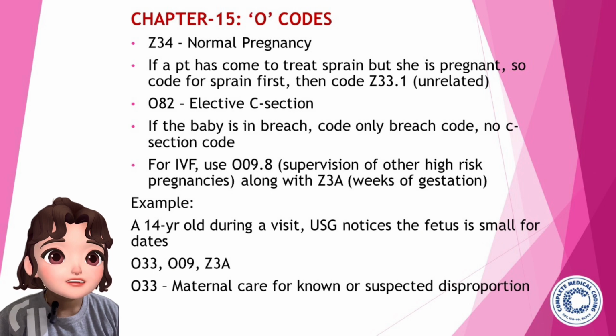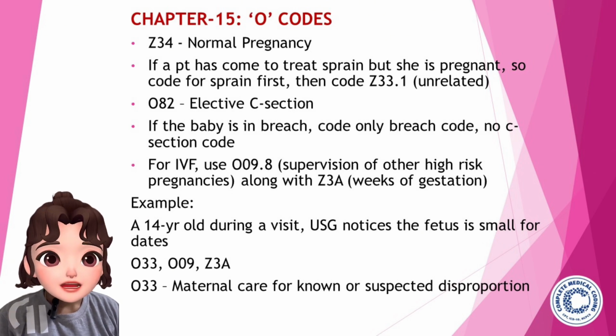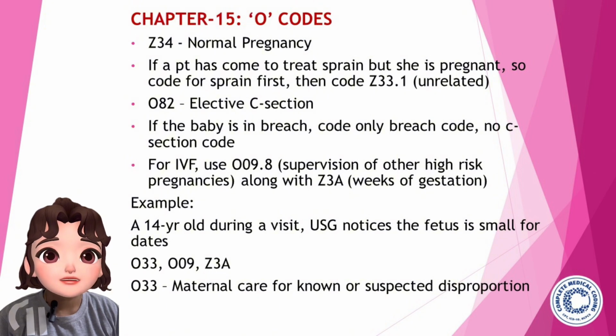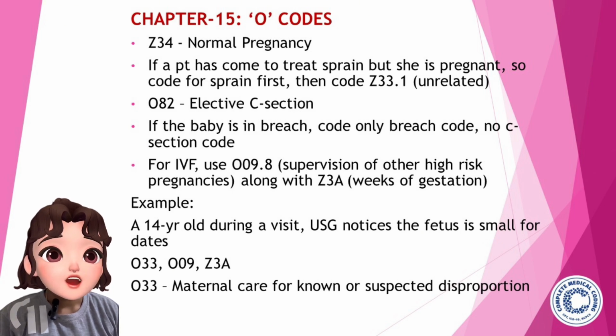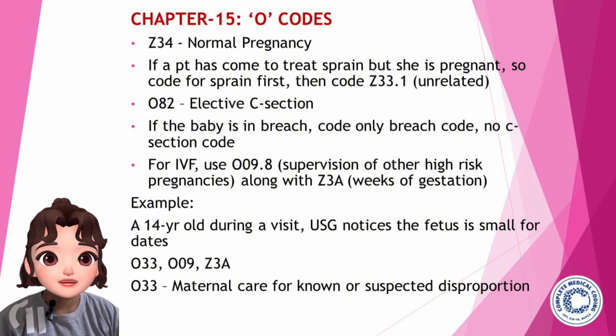Now, another example, a 14-year-old during a visit, ultrasound notices the fetus is small for dates. The fetus is very small during the ultrasound. So, what all will you code? First, you have to code O33. O33 means maternal care for known or suspected disproportion.